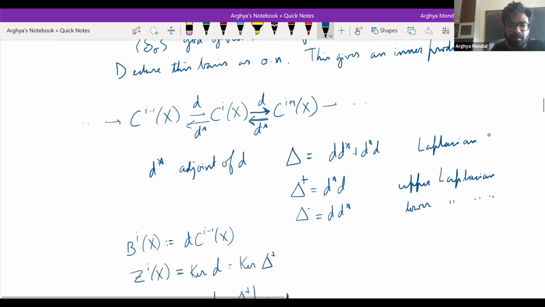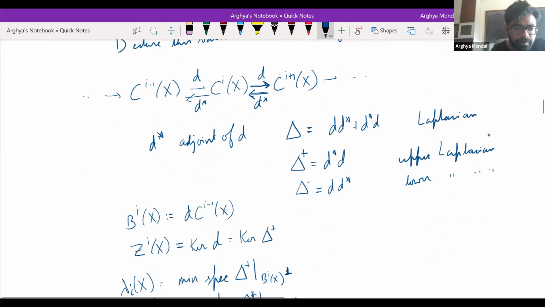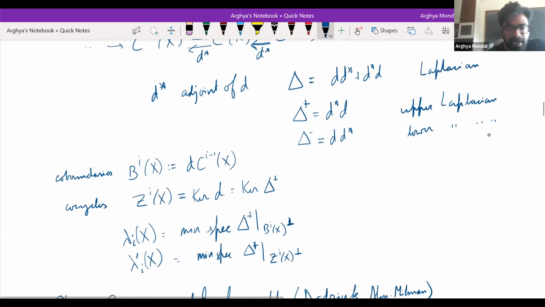And then what you have is the set of coboundaries, which is the image of the coboundary map. And you have the kernel of the coboundary map, which is the set of cocycles. By the way, this set of cocycles is also the kernel of the upper Laplacian.